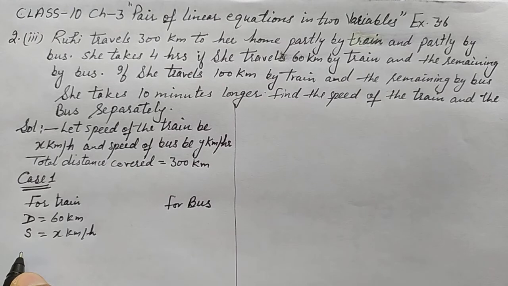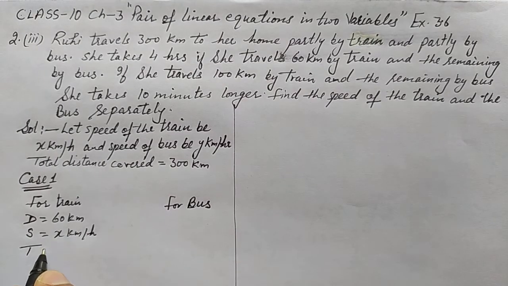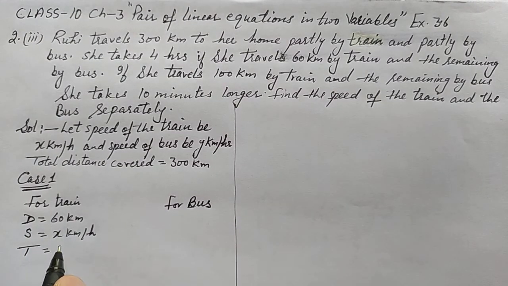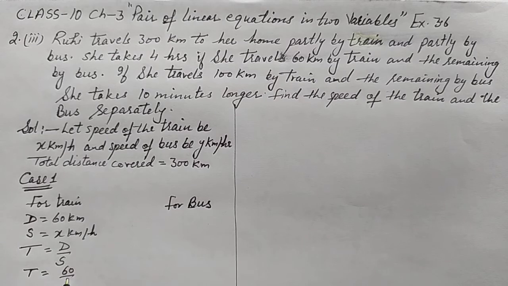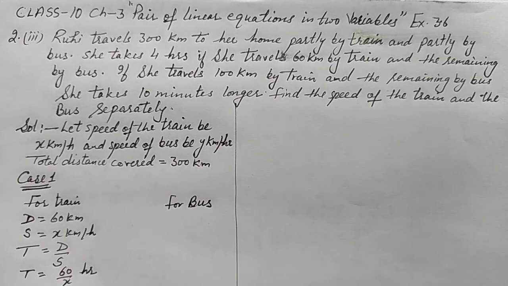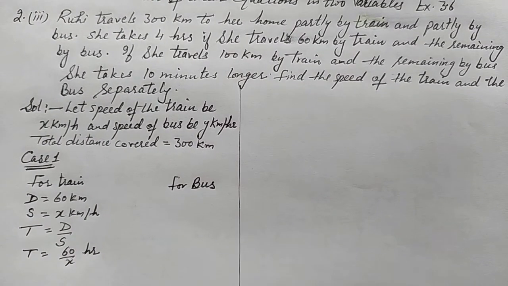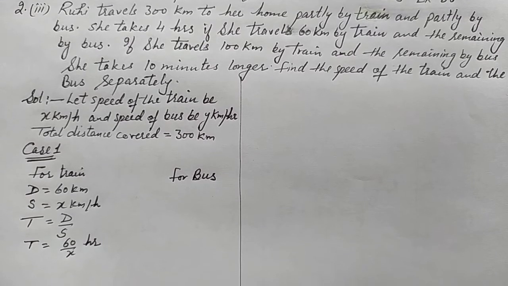Time is distance over speed, so the time taken by the train to travel 60 kilometers is 60 over x hours.